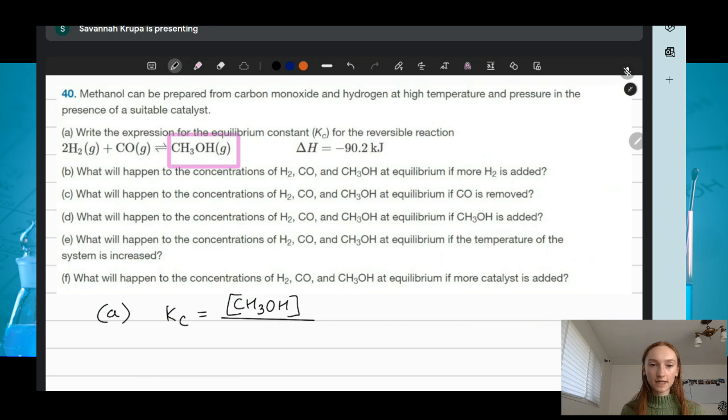And then divided by the reactants. So we have H2, and that'll have an exponent of 2 since it has a coefficient of 2 in the reaction, and then multiplied by the CO concentration. And so that is the generic form of finding the equilibrium constant. So that's all it is asking for us in problem A. So let's move on to problem B.